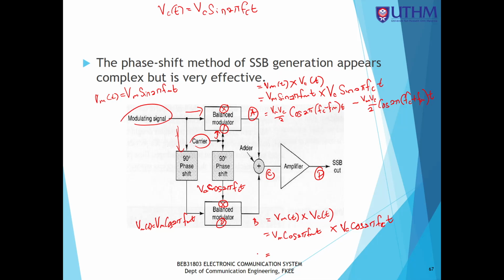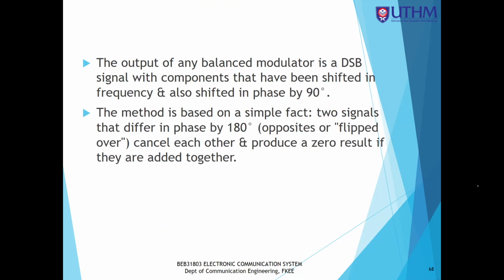So it becomes Vm Vc over 2 cos 2 pi (Fc minus Fm)T, the lower sideband, plus Vm Vc over 2 cos 2 pi (Fc plus Fm)T, the upper sideband.